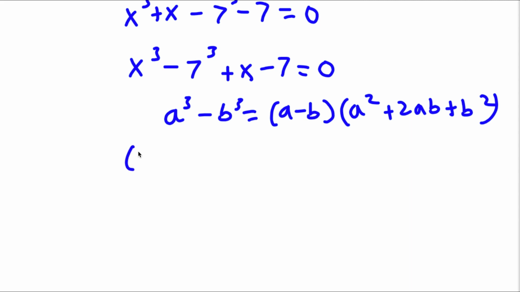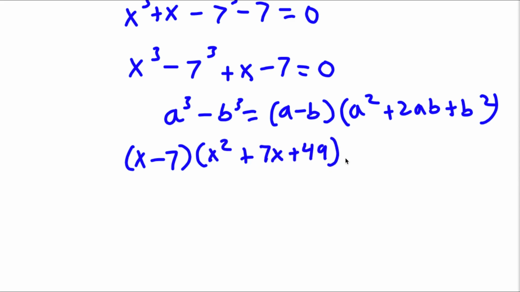So in this case, this would equal x minus 7 times x squared plus 7x plus 49. This is equal to, then I have my plus x minus 7 is equal to 0.